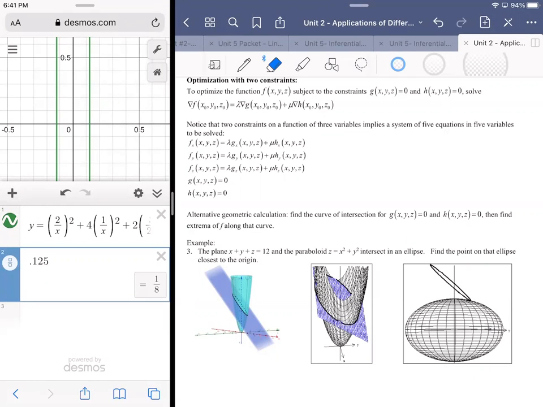Instead of just lambda, we're also going to have another multiplier that we're going to call mu. Now, you can call it whatever you want. It's just the standard notation involves the two Greek letters, specifically lambda and mu, right? And you just incorporate another Greek letter if you had a third constraint, right?